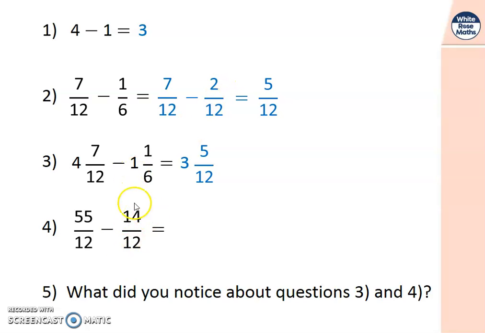So that is equal to 14/12. The answer is 41/12. When you see how many 12s go into 41, 12, 24, 36, that's 3 whole times, with 5 12ths remaining. So we get to the same answer.